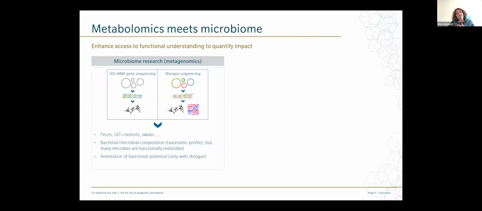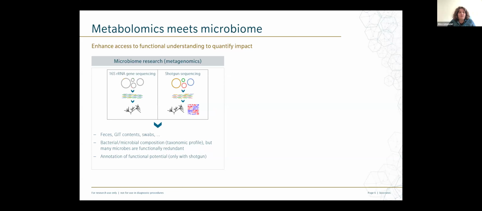So typically, if we think of combining metabolomics with microbiome research, you would have a typical metagenomic study, and Josep introduced an example of this, where you sequence the metagenome using one method or another, and then you get a taxonomic description of the population you're interested in, for example, of the gut bacteria that live in the intestine.